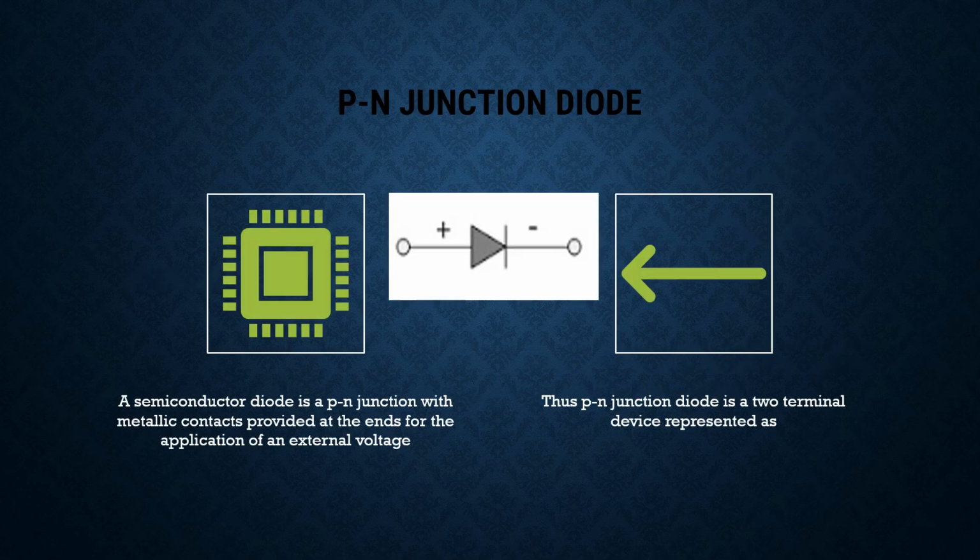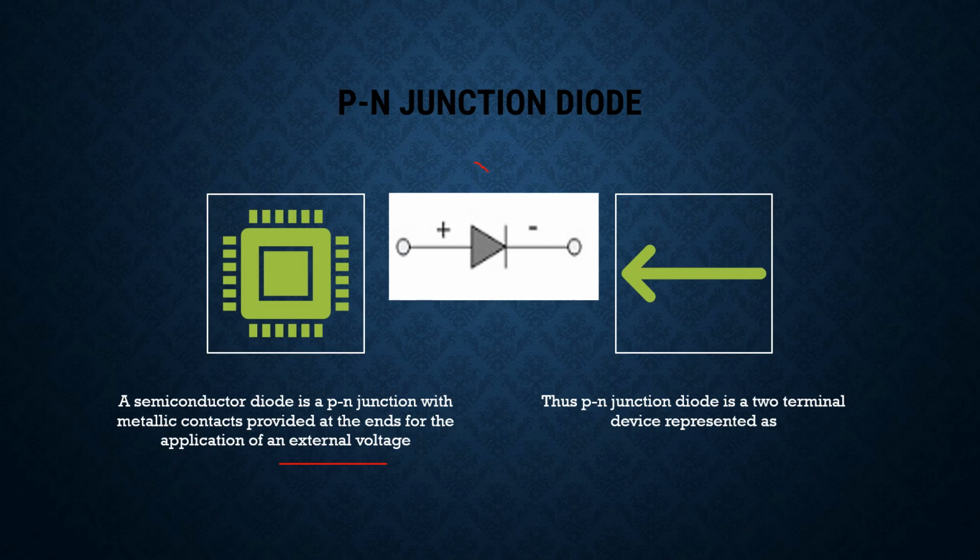P-n junction diode. A semiconductor diode is a p-n junction with metallic contacts provided at the ends for the application of external voltage. That is, we can apply an external battery to the ends of the diode. The p-n junction diode is a two-terminal device.